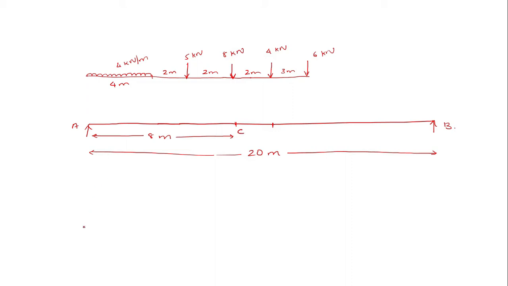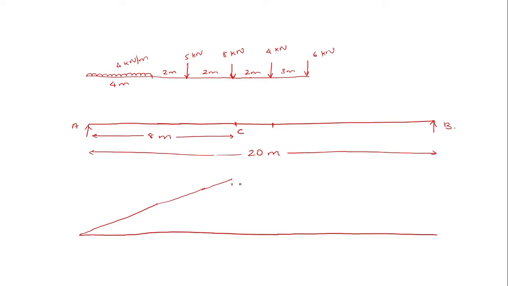Now, if I draw the influence line diagram of the corresponding section at C, the ordinate, as you know, I'll write it here. This distance is total 8 meters, and this distance will be 12 meters.